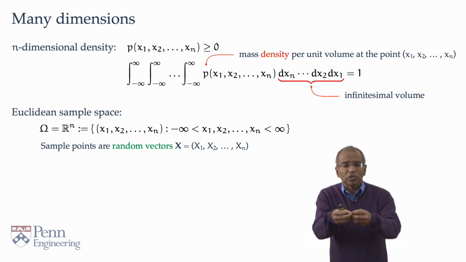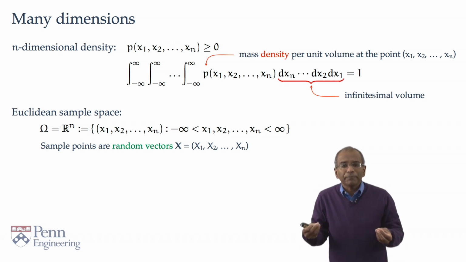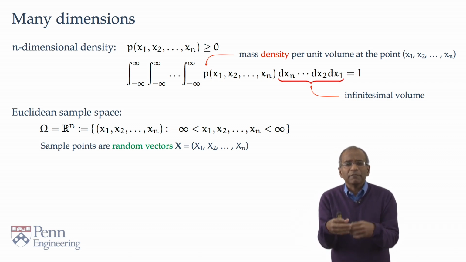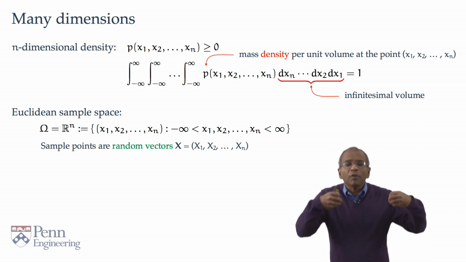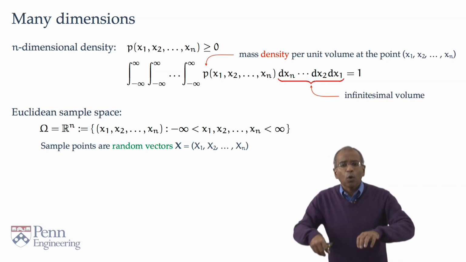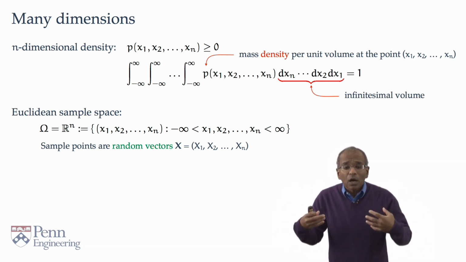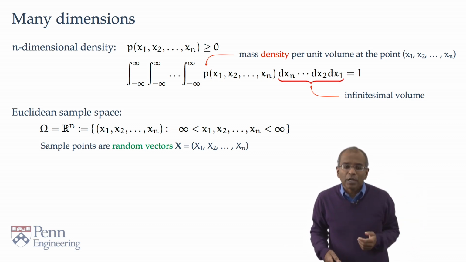Naturally enough, this describes, in the parlance of algebra, a vector. And therefore, the sample points in this composite experiment are what we call random vectors. It is frequently useful to compact notation and write simply vectors in bold font to represent an n-tuple of real numbers. Okay, so now we have a right understanding of what the underlying sample space is and what the outcomes are, these idealized outcomes of this composite experiment.